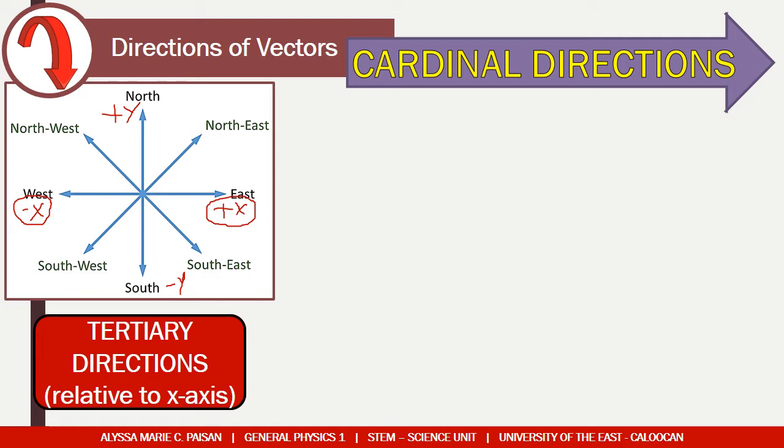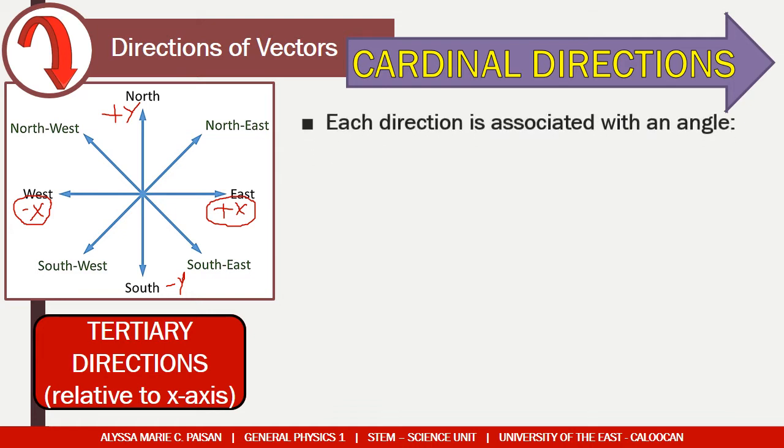But I'm also going to show you the tertiary directions relative to the y-axis. So that when you look at other books, baka kasi malito kayo, magtanong kayo, why ma'am, it's like this in this book and then in the one that you taught us, ito lang, no? So I'm going to show you two, the tertiary directions relative to y-axis. But let's start with the one that is relative to x-axis first, okay?